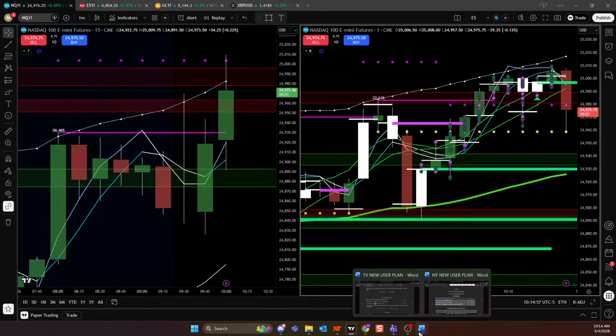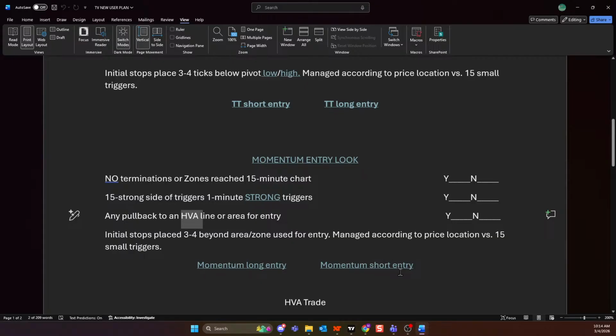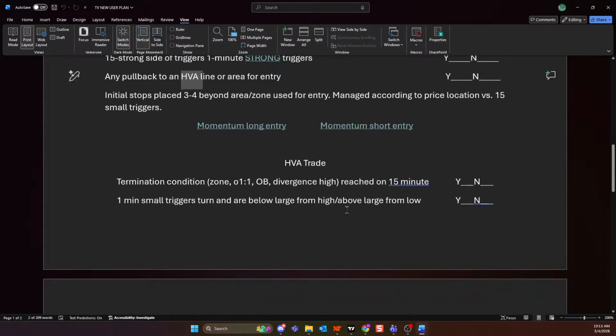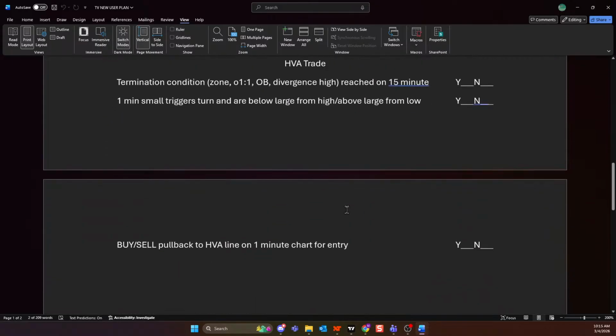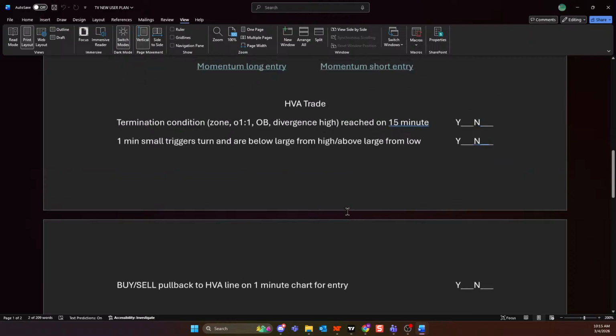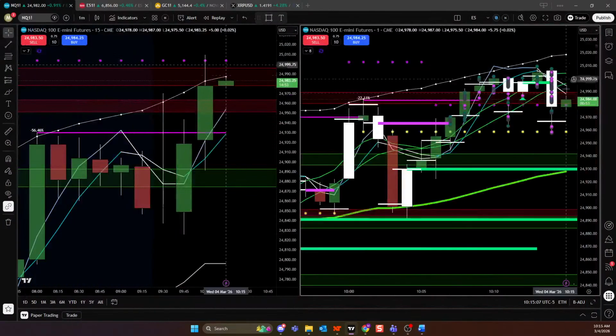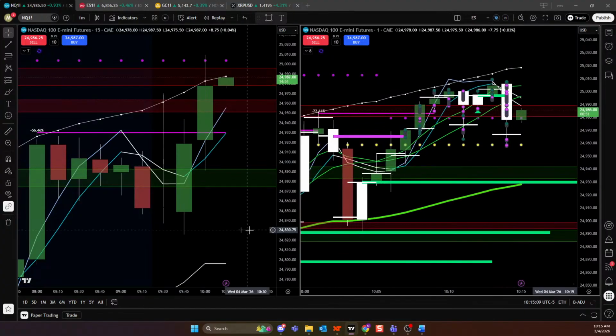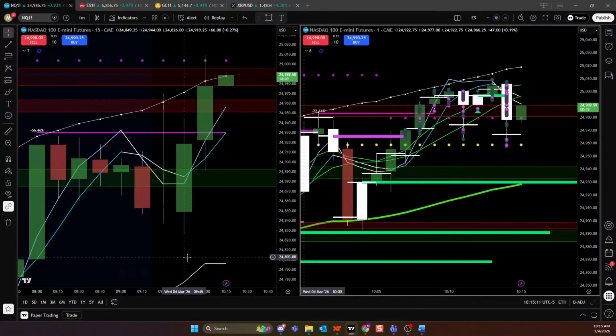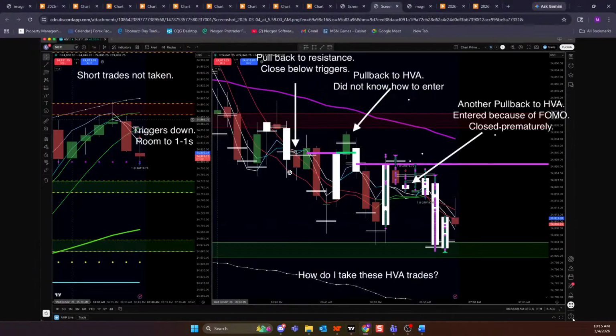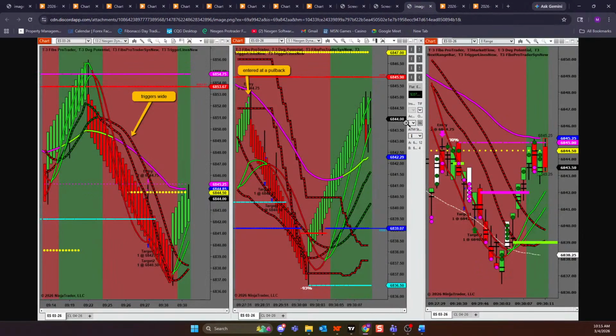And believe it or not, you guys may find this crazy, there's a set of rules for that too, and a checklist for entry. So Papa, HVAs are used either for what we call the HVA trade, catching tops and bottoms, or for what we call a momentum trade, where you have the strongest triggers and a little snapback to an HVA line. Those are the other two trades on the plan that I dropped in the room.